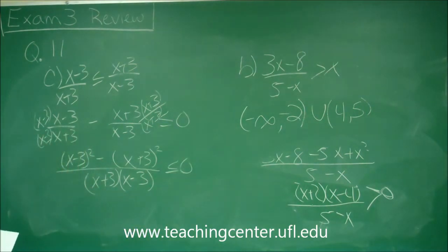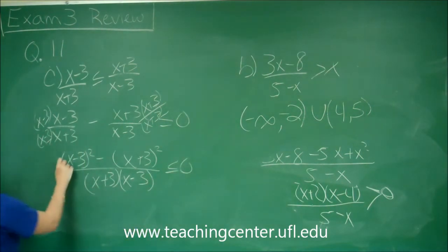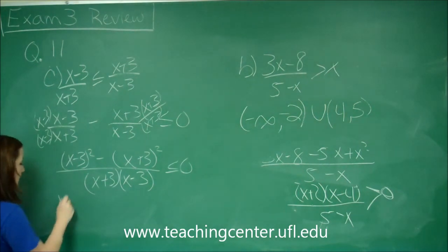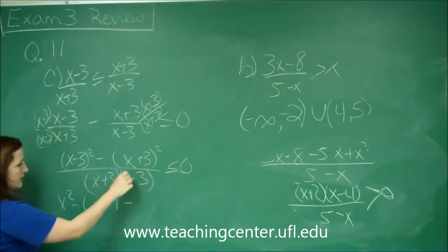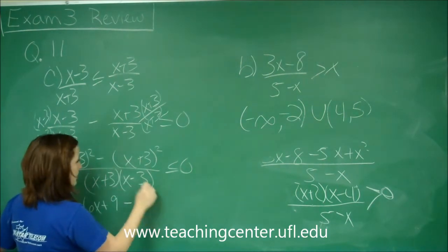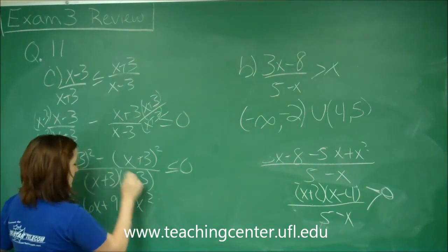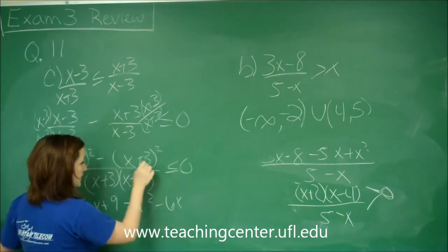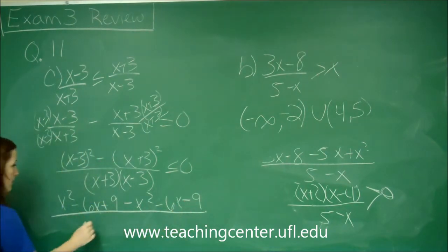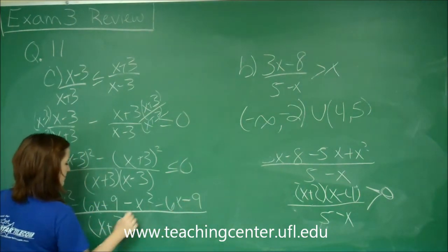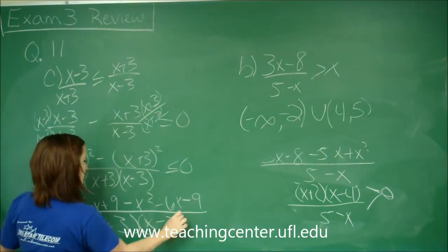So I'm going to square out my top terms, and this will give me x squared minus 6x plus 9 minus, and then this gives me x squared plus 6x, but it's times a negative, so it's minus 6x, plus 9 times a negative is a negative 9, all over (x + 3)(x - 3).